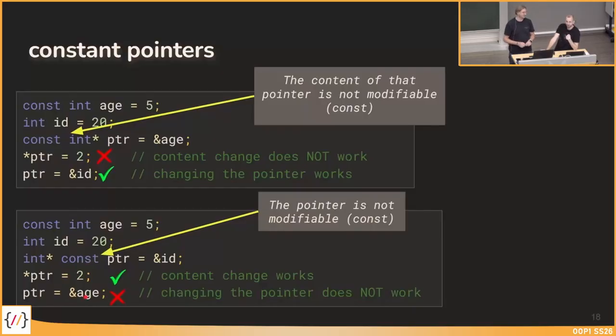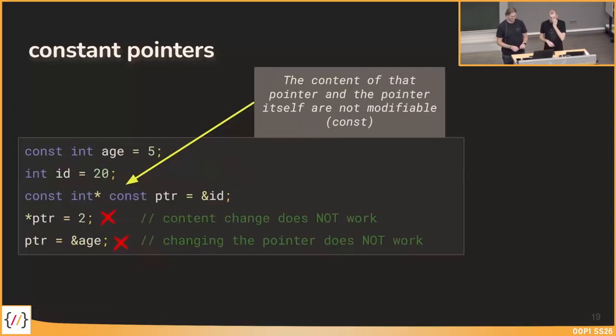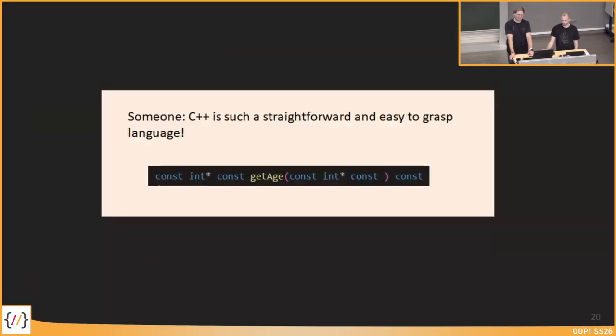Pretty confusing, I have to admit. And of course you can combine it. You can say I have a const int pointer const, which has the address of ID, and then I cannot modify the value, and I can also not modify the pointer. So it's just the combination of these both.